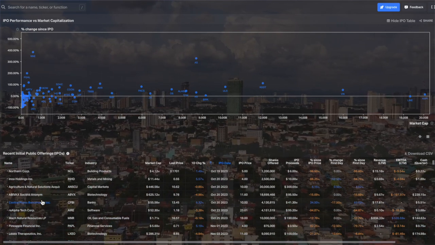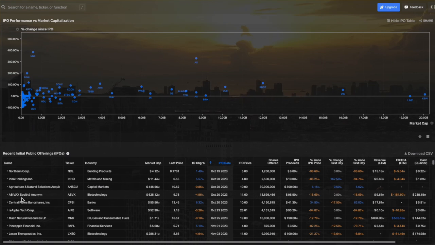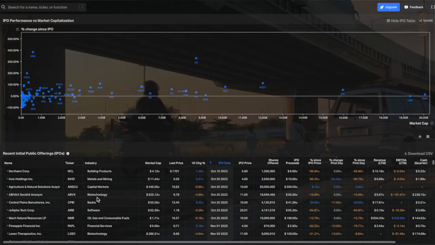Abivax Société Anonyme is a French company, obviously, hence the name. But it's a biotech company apparently, who went to the NASDAQ in the US to get a listing there to attract American money, obviously.